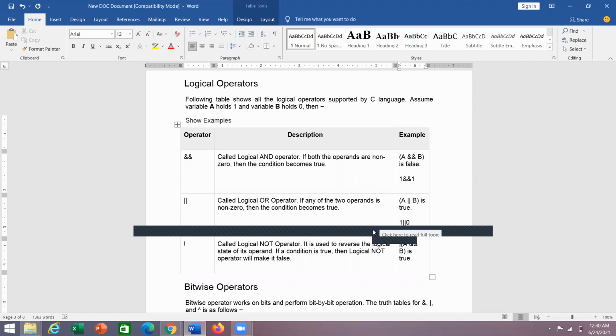Is this condition right or not? Yes, it is right, ma'am. Why? If any of the two operands is non-zero, then the condition is true.